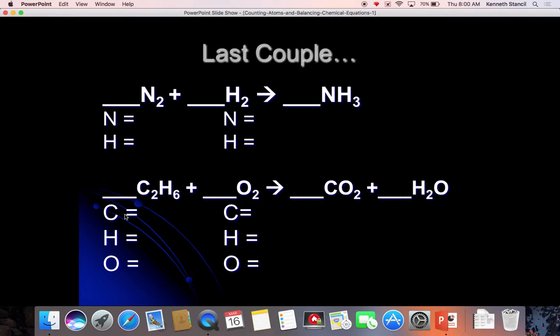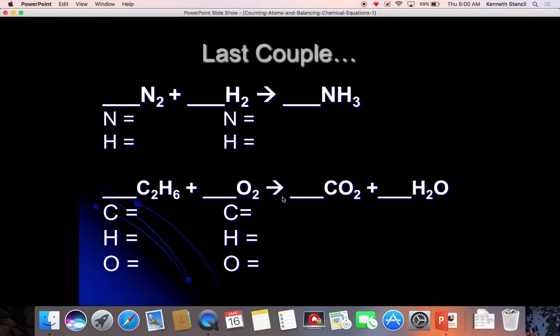How many carbons? How many hydrogen? How many oxygen? 2. How many carbon? 1. How many hydrogen? 2. How many oxygen? 3. 2 and 1 is 3. Don't forget to look at the whole set of products.